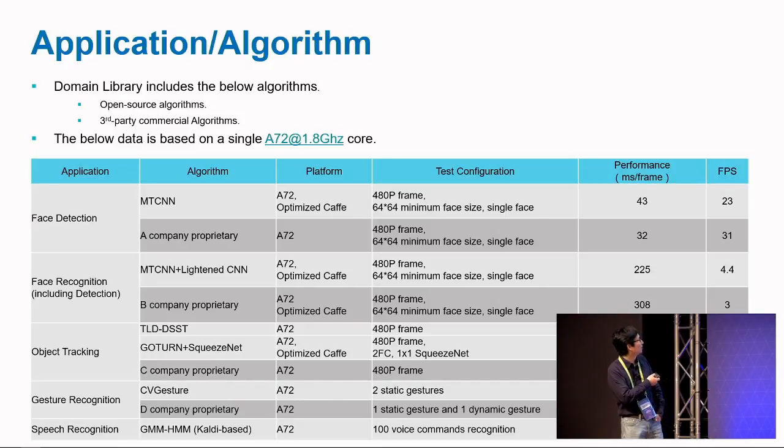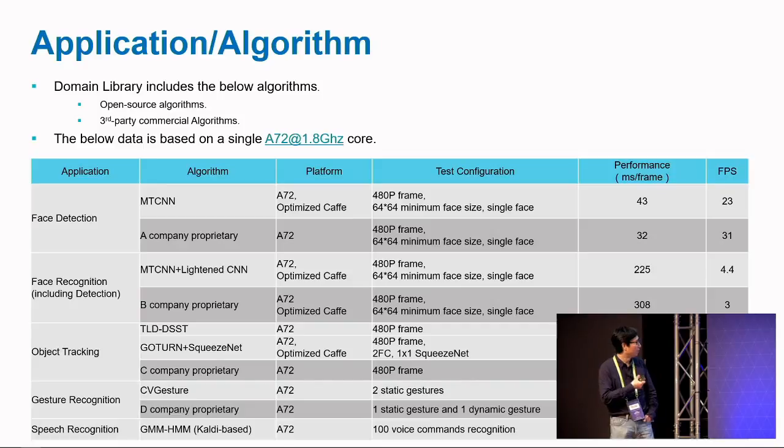You can see we have face detection, face recognition, object tracking, gesture recognition, and speech recognition. For this speech recognition, the performance is running on the device. It's based on ARM Cortex-A72.